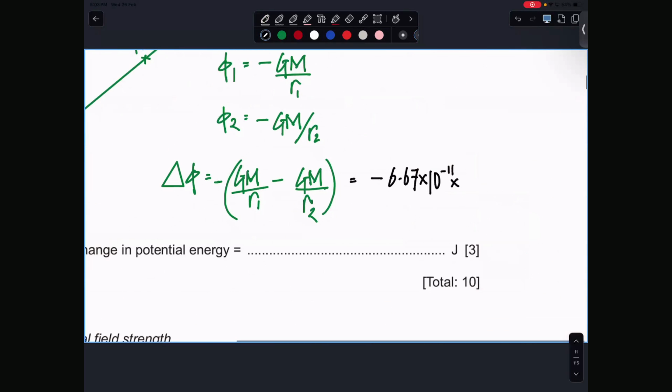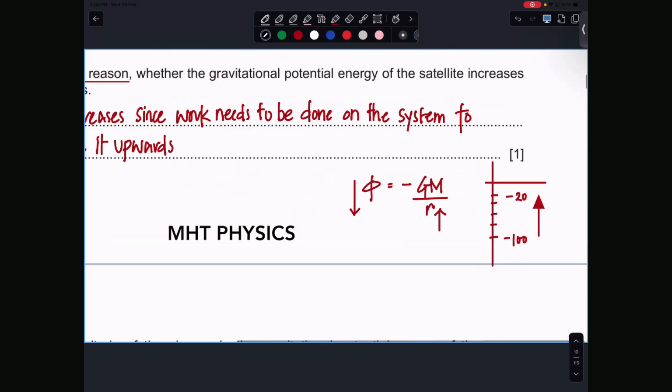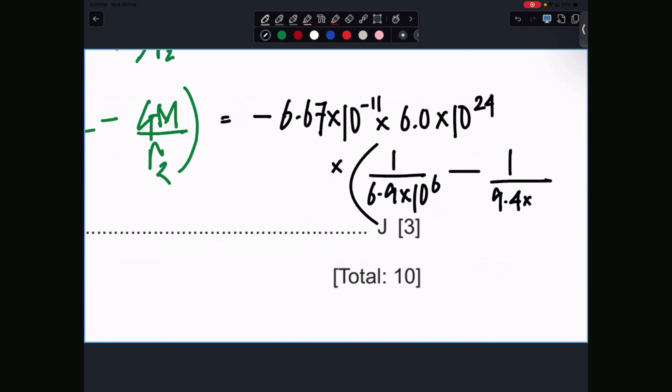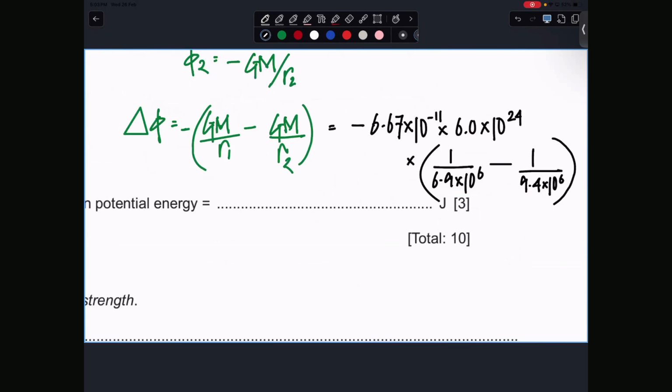It is 6.0 into 10 to the power 24, into ব্র্যাকেটের মধ্যে. তোমরা এই জিনিসটা করতে পারো, মানে just to simplify it, because I think marks-এ এভাবে করার অনেক সময়. Okay, so what's r1 going to be? 6.9 into 10 to the power 6 ছিল, minus 1 divided by পরেরটা কত আসছিল, 9.4 into 10 to the power 6, and close the bracket.